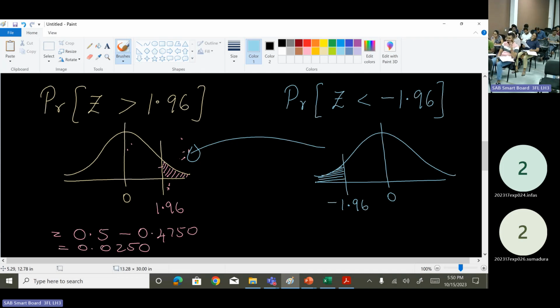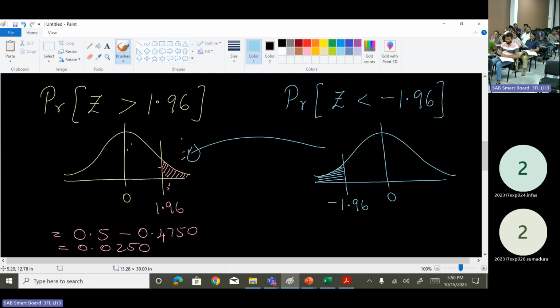Then you get this area, 0.5 minus. So don't introduce a minus or anything when getting the answer for this. After getting this value, don't introduce a minus because this is a probability value. Area will be the same area.